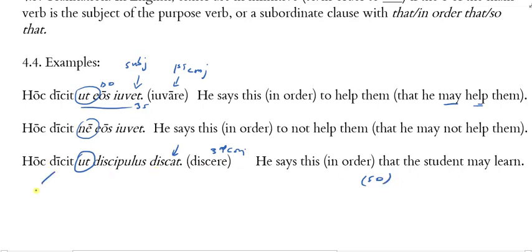Now notice here that the subject of this verb and the subject of that verb are not the same. They're not equal to each other. And here I can't use a bare infinitive. I have to use a subordinating conjunction, and then I have to use this sort of translation. If I said he says this in order to the student learn, that doesn't sound like good English, right? So I need to switch to this subordinate dependent clause. All right, so hope that helps.